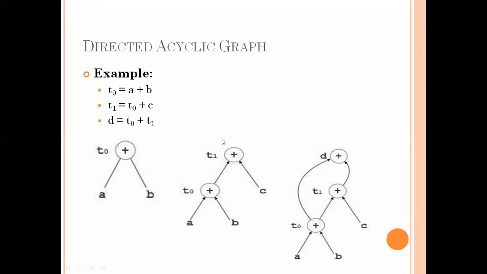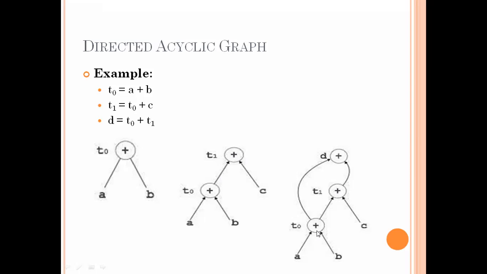In T0 we have the A plus B value. Same way, if you draw it, T0 contains a value. This T0 I am going to add to another plus operation, so I have T0 and T1, and again I do the operation.